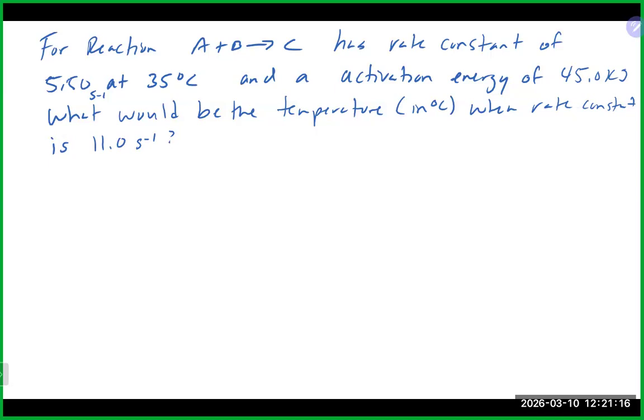At 35 degrees, the rate constant is 5.50 reciprocal seconds and 11 reciprocal seconds at the other temperature. Activation energy, 45 kilojoules. Hope those are the right numbers.